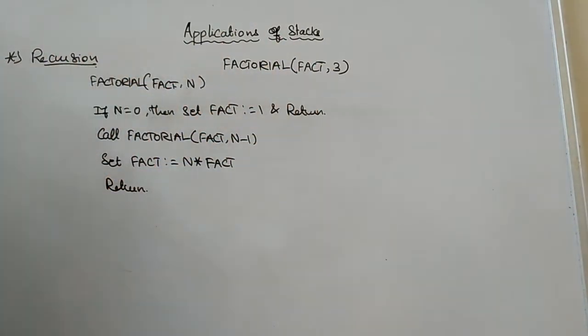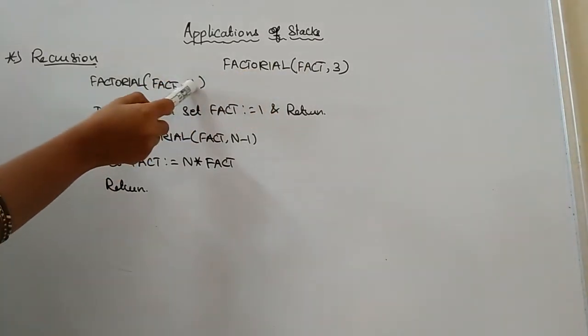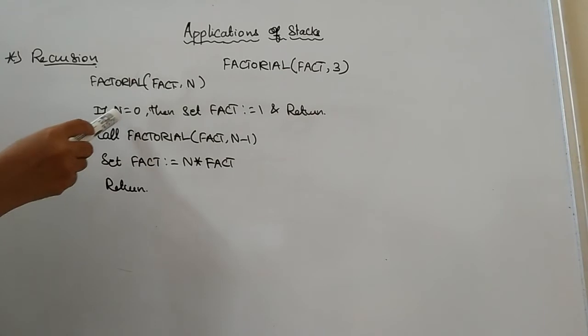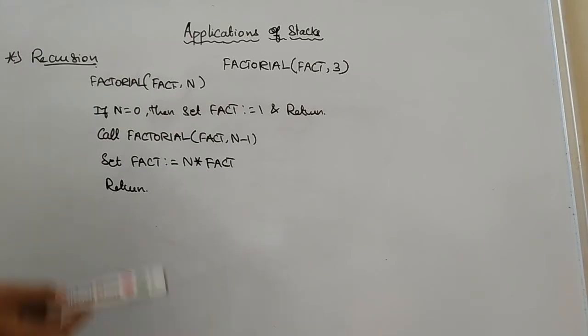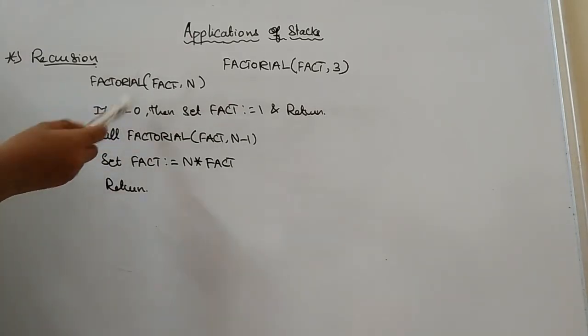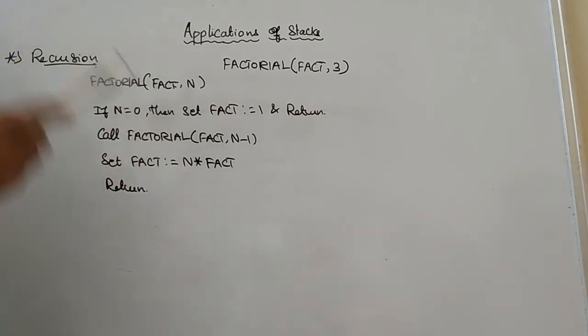because 3 will be received by this variable. So now the value of n is equal to 3, and we check the condition whether n is equal to 0 or not. But here the value of n is 3, so the condition failed.